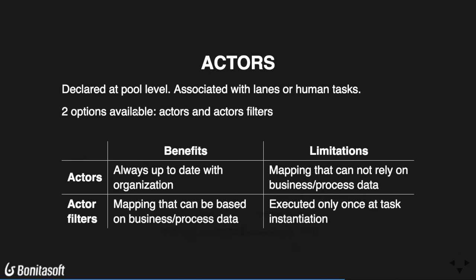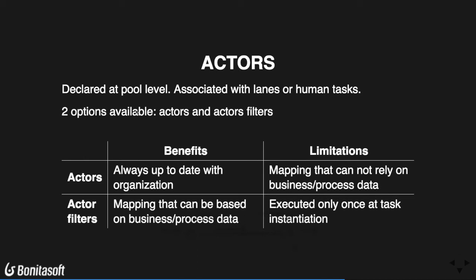In that case, it's a dynamic approach. We're going to design or code a piece of logic to declare who is a candidate for a task. If I take again the example of the leave request, on the validate request task, we want only the manager of the person who initiates the request to be able to access this task.